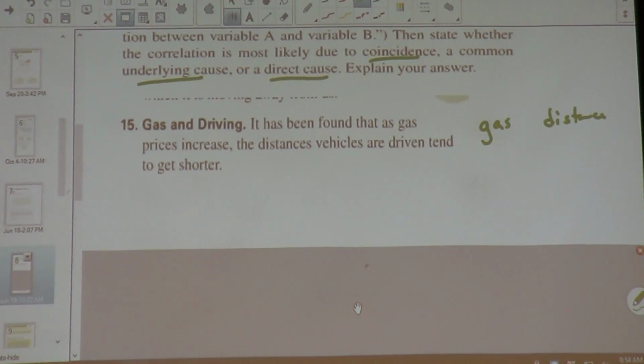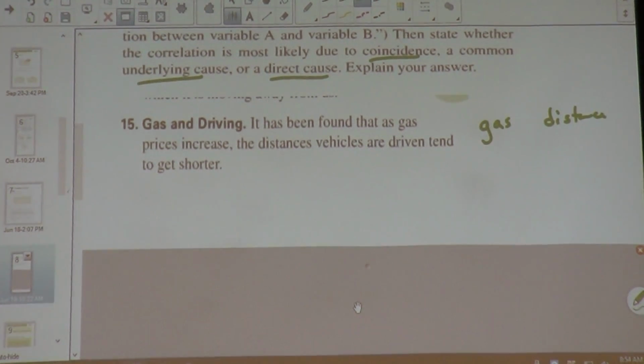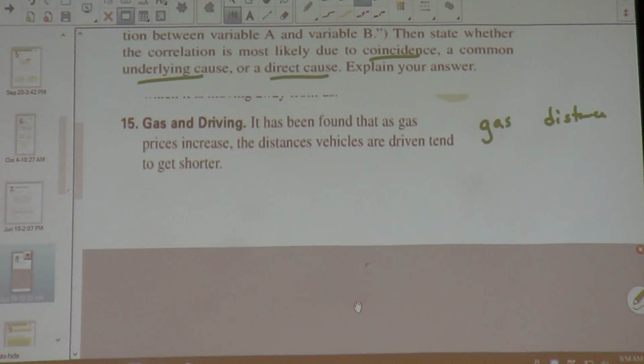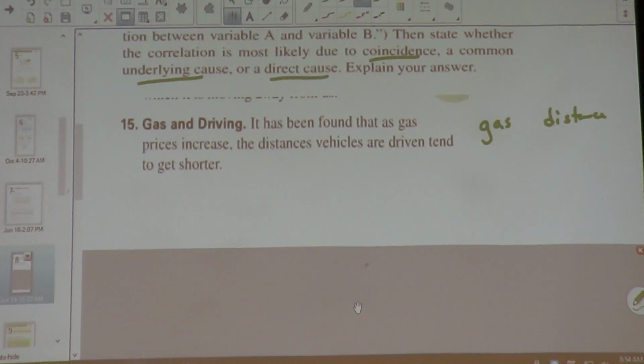So what kind of correlation is it? Positive or negative? Negative. Raise your hand if you think it's negative. Raise your hand if you think it's positive. Raise your hand if you don't know. Raise your hand if you don't care. It is negative. Gas prices are going up, so the distances are going down.